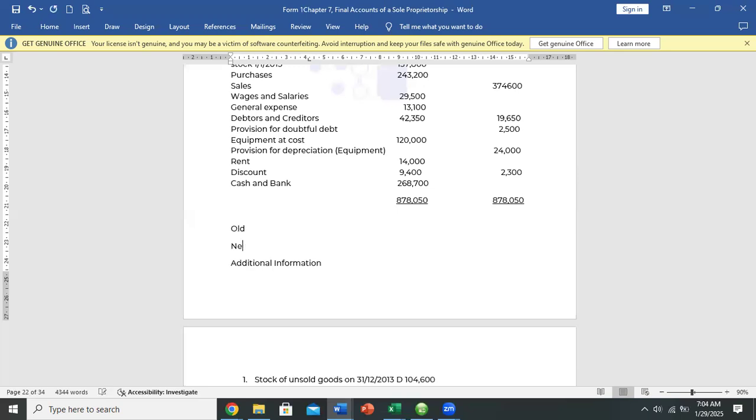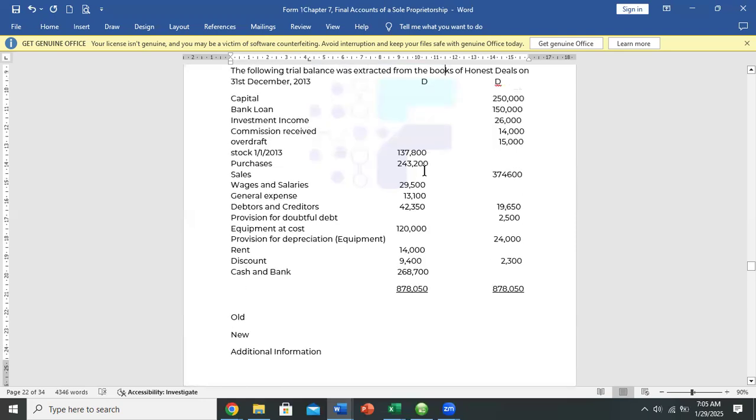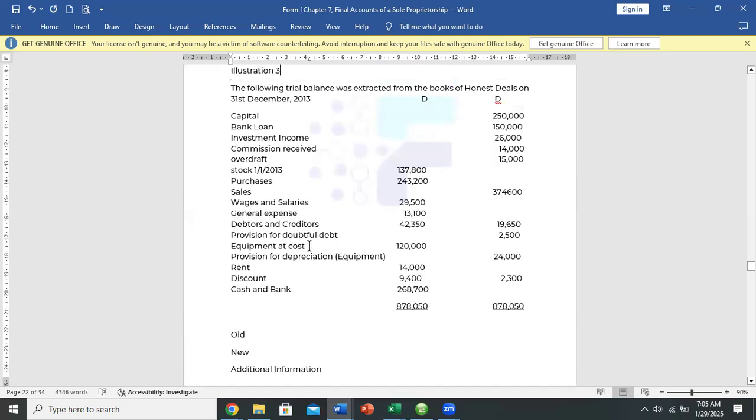The clue I've given you is that your old will be in the trial balance. So go to your trial balance in this question. This is our trial balance. And let's see. Provision for doubtful debt. There you have it, 2,500. So you put that figure there. Is it the one we just looked at? There was no old provision, so it was 0. But this one has 2,500.